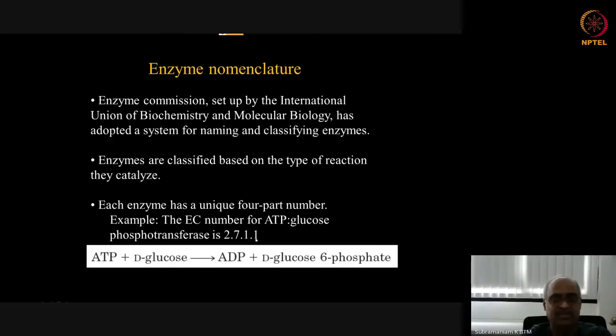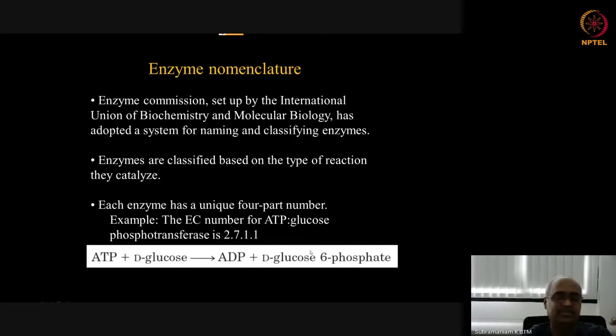This is ATP glucose phosphotransferase. What it means is, from ATP, it transfers the phosphate group to glucose making glucose 6-phosphate. Okay, ATP plus glucose gives you ADP, like the phosphate is removed. Adenosine triphosphate is now adenosine diphosphate, and the other phosphate removed is attached to glucose.